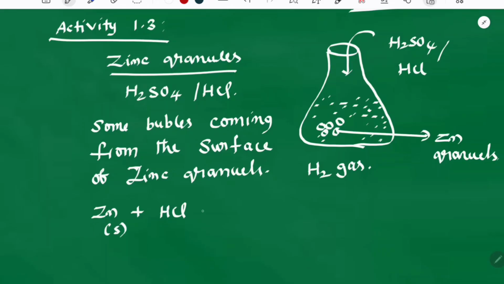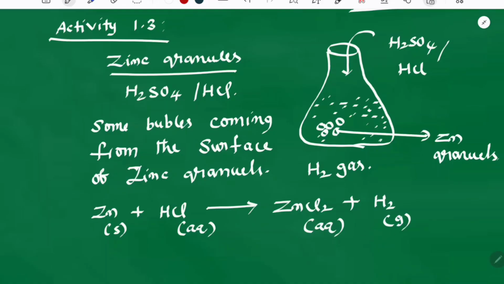Zinc is a solid and HCl is aqueous. Zinc reacts with hydrochloric acid to form zinc chloride, which is aqueous, and hydrogen gas is liberated.